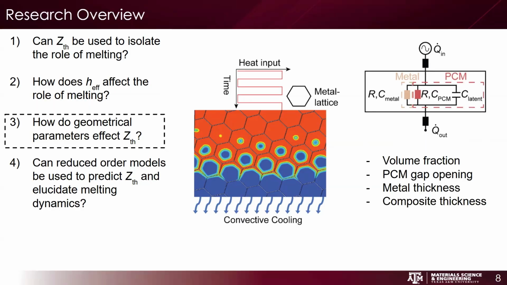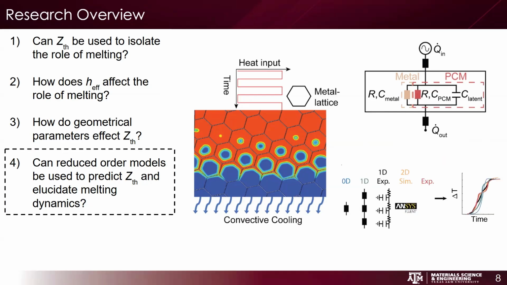Then we can change the geometrical parameters of these heat sinks: the gap openings of the pores, the amount of metal, the volume fraction of them, and the thickness of the heat sinks. Next, we can see if we can use reduced order models to model the thermal performance of these systems, and see if we can change these geometrical parameters and then predict the thermal impedance.